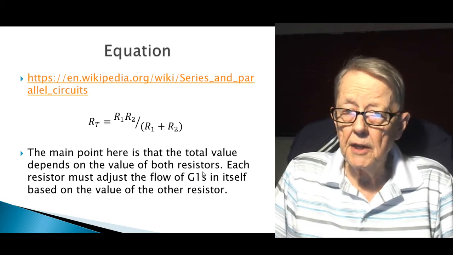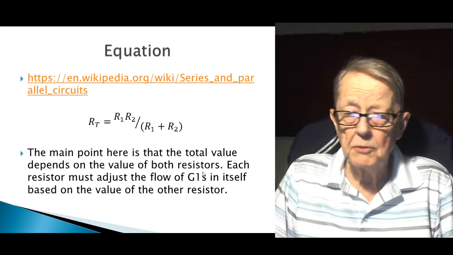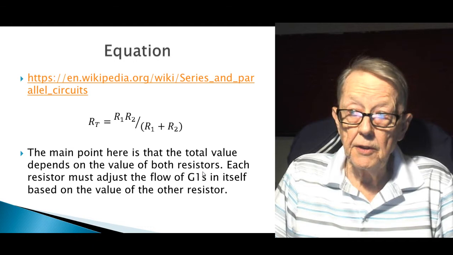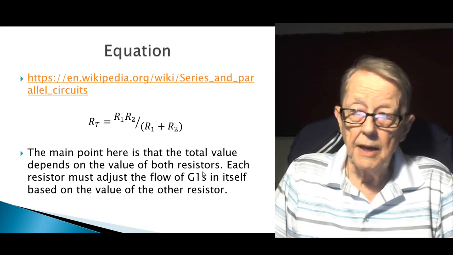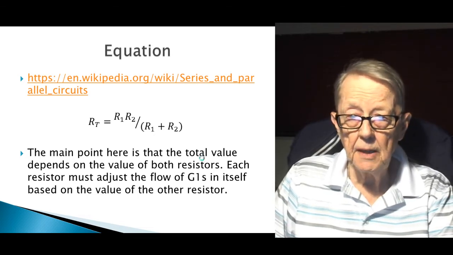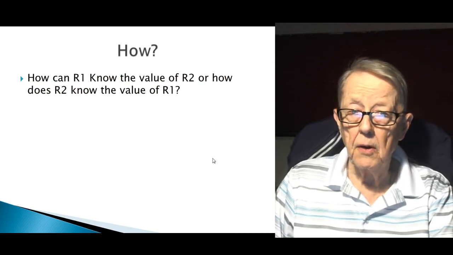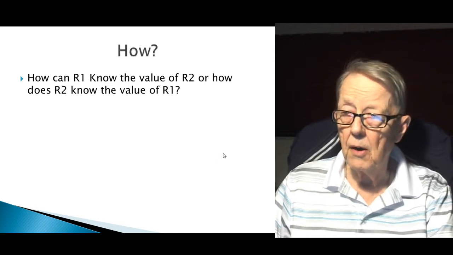That's the strange thing. And if you look up almost any link, and I looked up several, they all jump right into the derivation of the equation. And that doesn't help explain anything about how it works. So how can R1 know the value of R2, or how does R2 know the value of R1?